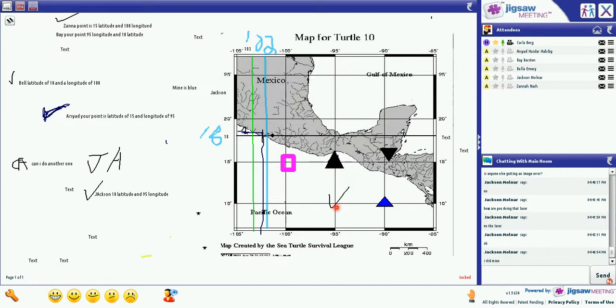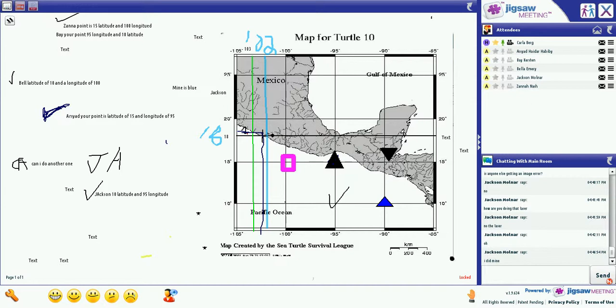Okay, so great job. Now what a scientist would do next is they would connect their dots. So I am going to connect them with red. And we are just going to go from top to bottom. We are going to assume this is the order of dates. So Xana, yours is first.